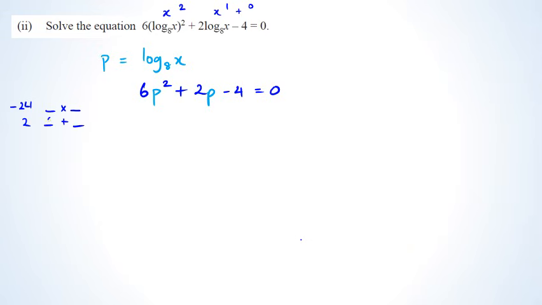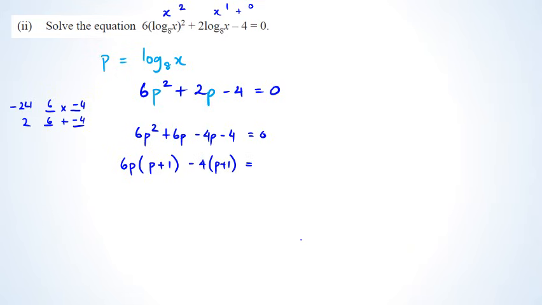So obviously it's going to be 6 and negative 4. So this is how I would do it, guys. 6p squared plus 6p minus 4p minus 4 equals 0. Factorize this. So I've got 6p, p plus 1 minus 4 times p plus 1 equals 0. So factorizing this, I got 6p minus 4 times p plus 1 equals 0. Therefore, p is equal to 4 over 6 or negative 1.